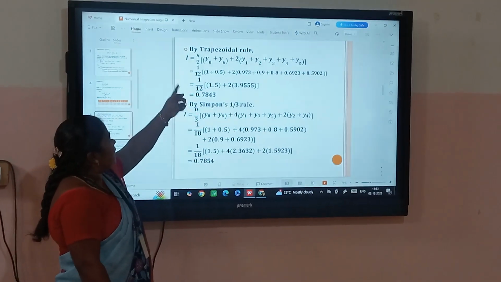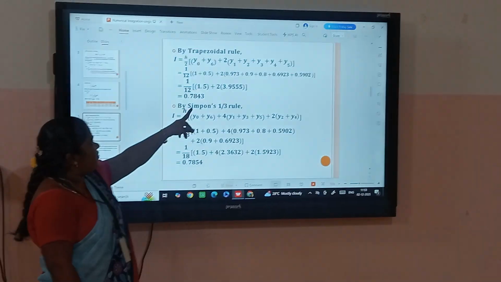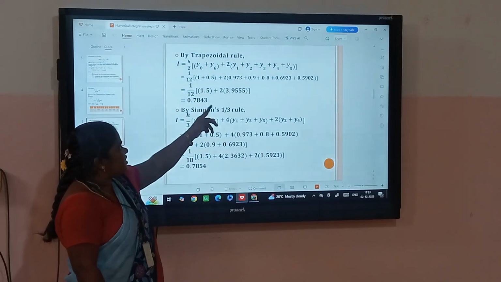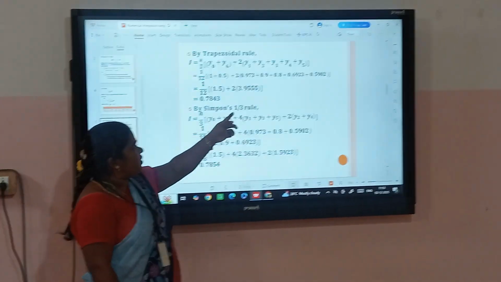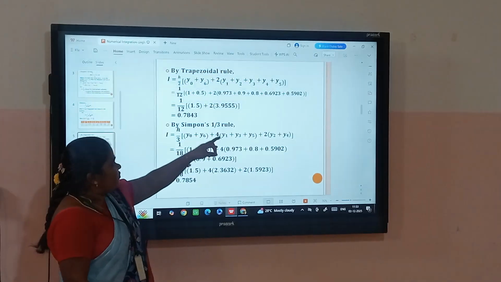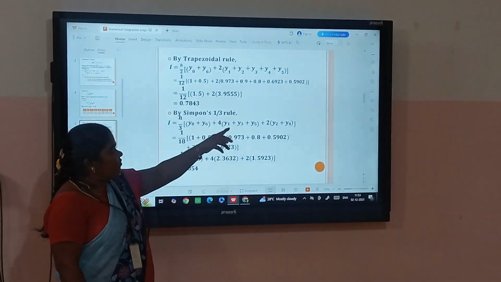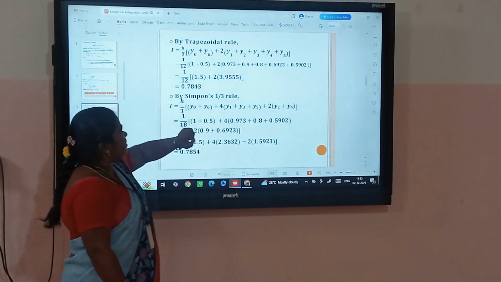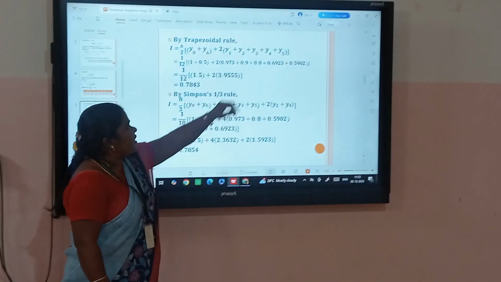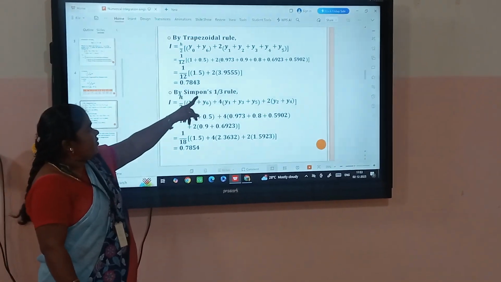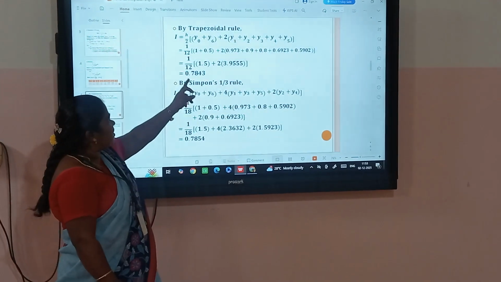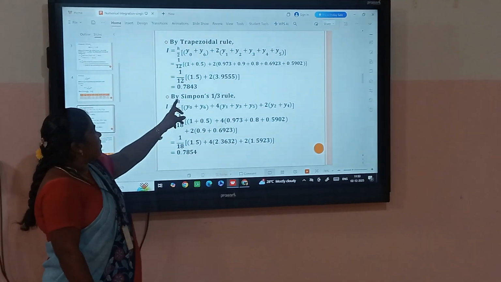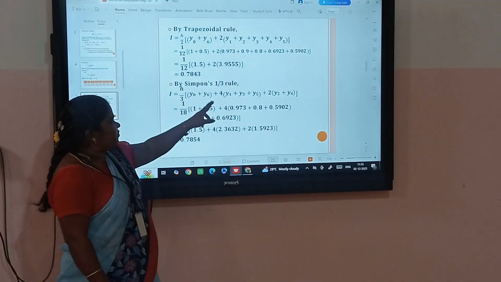Equal to h by 2, which is 1 by 12, [y0 value 1 plus y6 value 0.5 plus 2 into (y1 value 0.973 plus y2 value 0.9 plus y3 value 0.8 plus y4 value 0.6923 plus y5 value 0.5902)]. Equal to 1 by 12 [first two values are 1.5 plus 2 into the other values 3.955] equal to 0.7843.